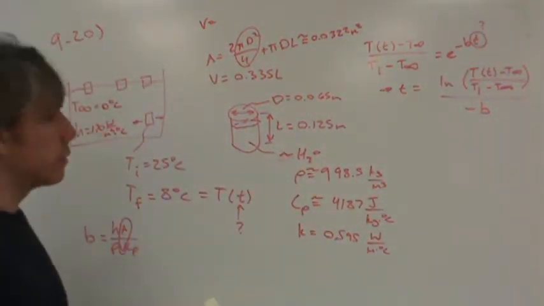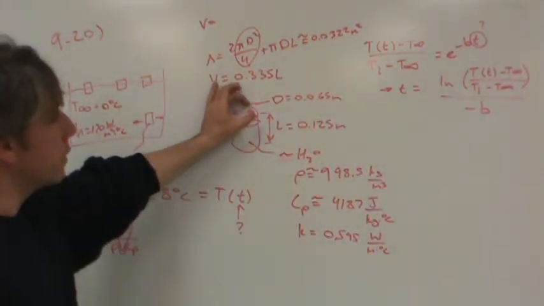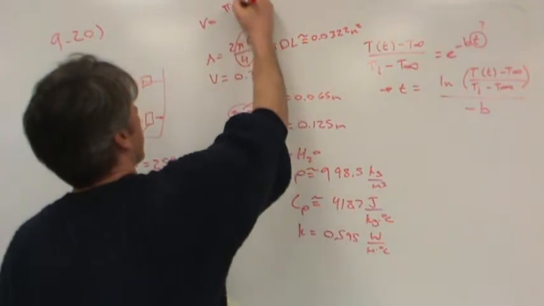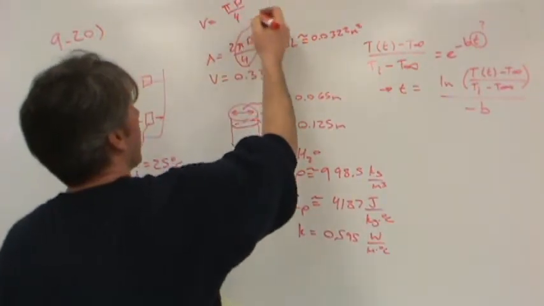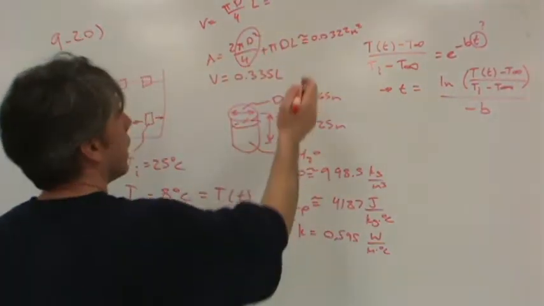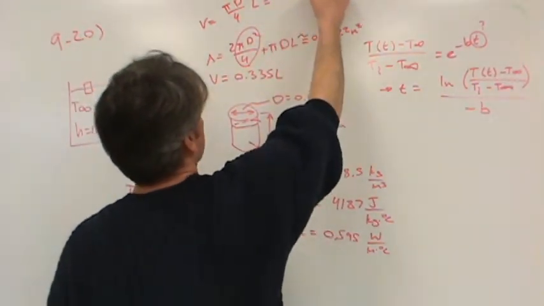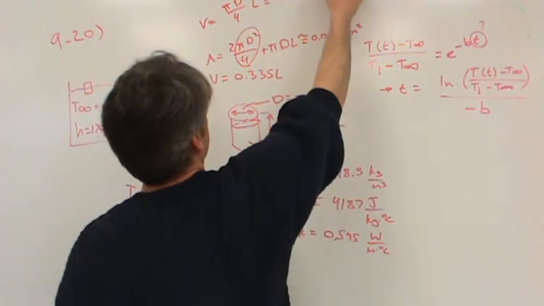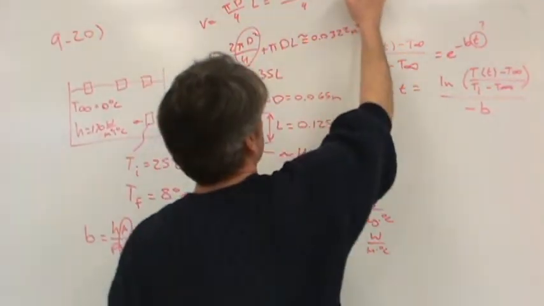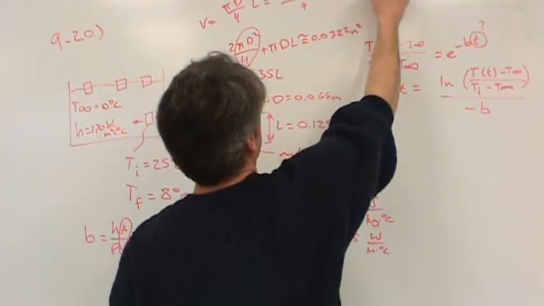Now let's get the volume of that can. How would we do that? Well, we just need the area of an end multiplied by the height. So that would be pi d squared over 4 multiplied by L. So pi times 0.065 meters, squared, divided by 4, multiplied by the height, 0.125 meters.